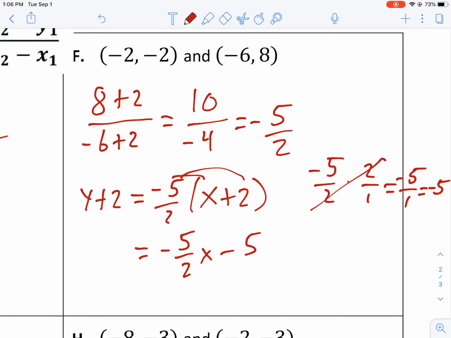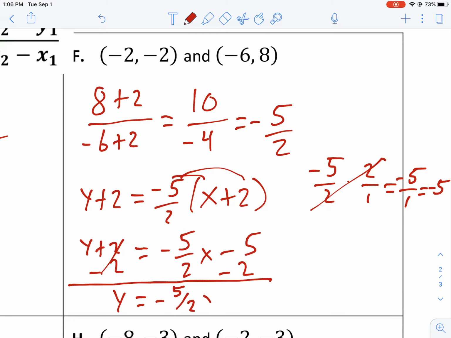So we've got -5, y plus 2 stays over there. Now we can just subtract 2 on both sides. These cancel out, so we have y equals -5/2 x minus 7. And we are done. We finally have it in slope-intercept form.